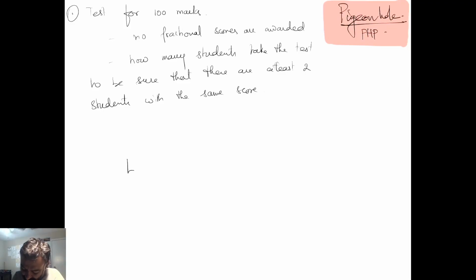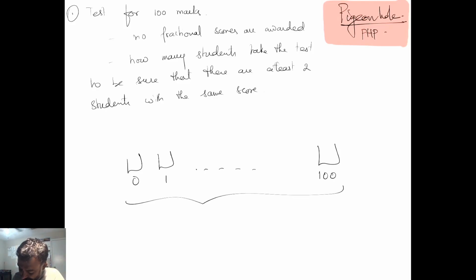So basically you need to look at the bins, and the only thing we have to understand is that if the test is for 100 marks, you can get 0 marks, you can get 100 marks as well. So the total number of buckets is 101. If you want to use PHP, then the number of students should be at least 1 more than this.